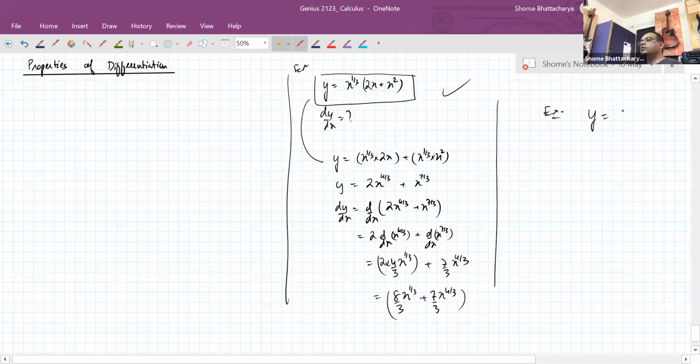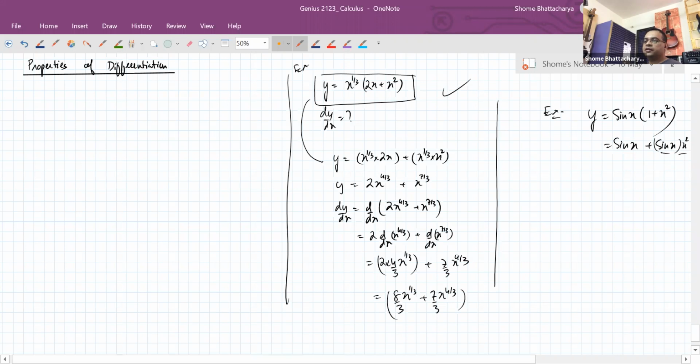the product of two separate types of functions like sine x into (1 plus x square)? Now it's not going to be of much use. Even if I open this bracket, the first term is easy, it's sine x. But what about the second term? It is sine x into x square. So I don't have a formula for directly differentiating sine x into x square. I definitely cannot take sine x outside because it's not a constant.